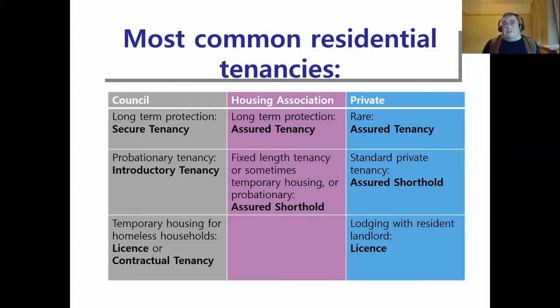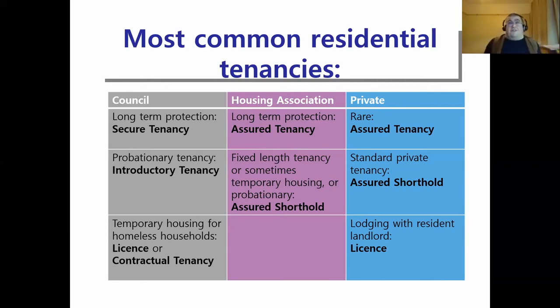Now, if they don't have exclusive possession, especially if they're living in emergency housing, they might just have a license to live there, like we talked about before. Or this is one of those circumstances where they could be excluded from the standard protection from eviction. If they're in self-contained accommodation, they'll probably just have a basic contractual tenancy. But the most common ones are the secure or the introductory tenancy.